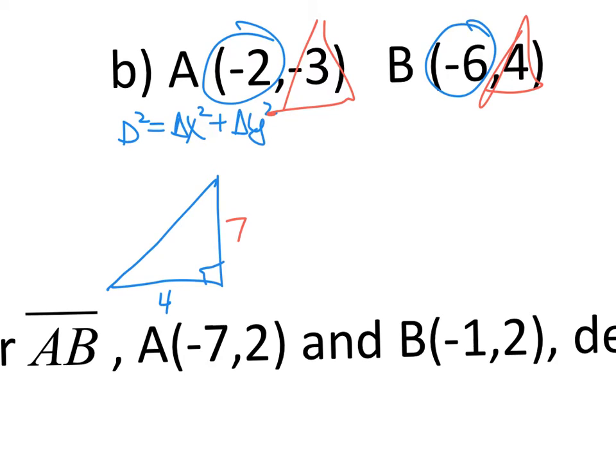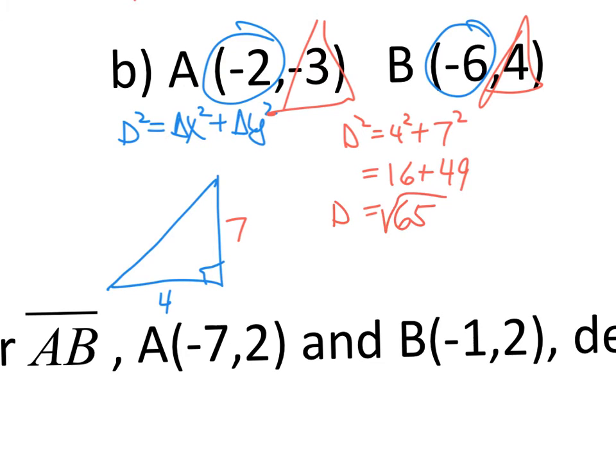So distance squared is change in x squared plus change in y squared, so that'll be 16 plus 49, which is 65. So the distance is going to equal the square root of 65, which equals a distance of 8.1. That's that diagonal distance between the points.